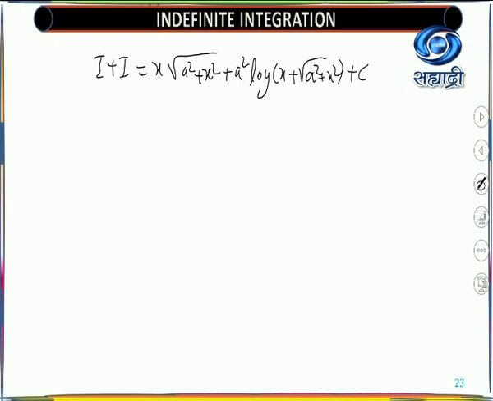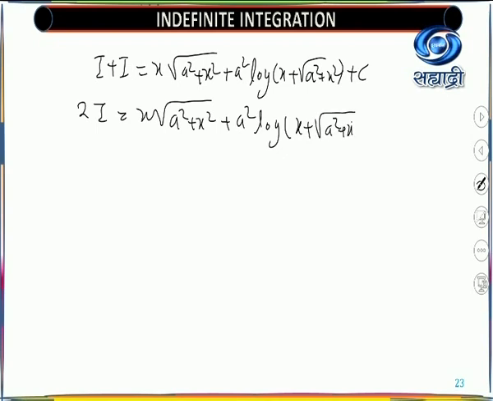Now this is nothing but 2I equal to x root of a square plus x square plus a square log of x plus root of a square plus x square, this root sign is complete, plus constant of integration.